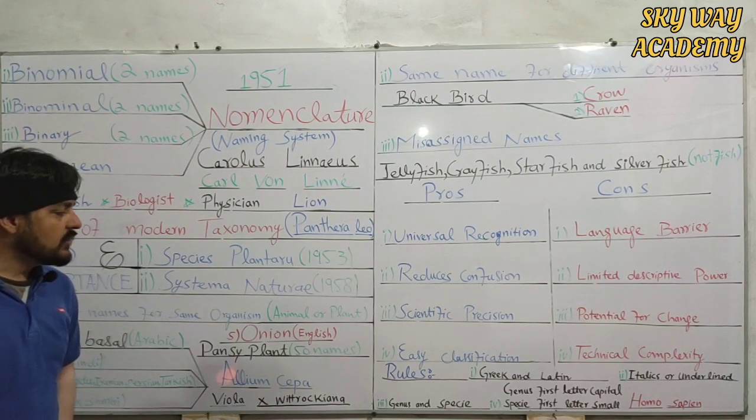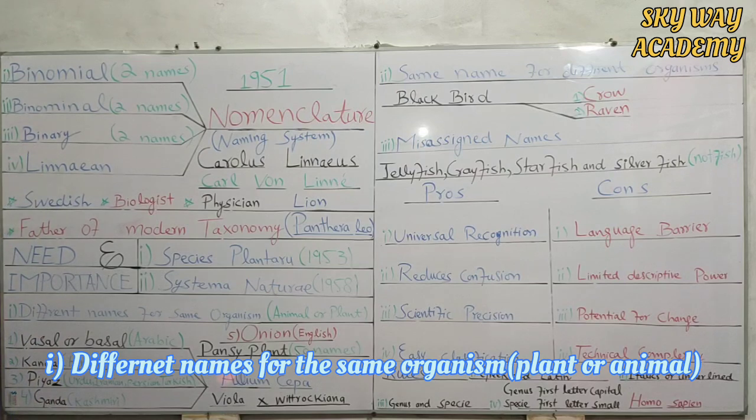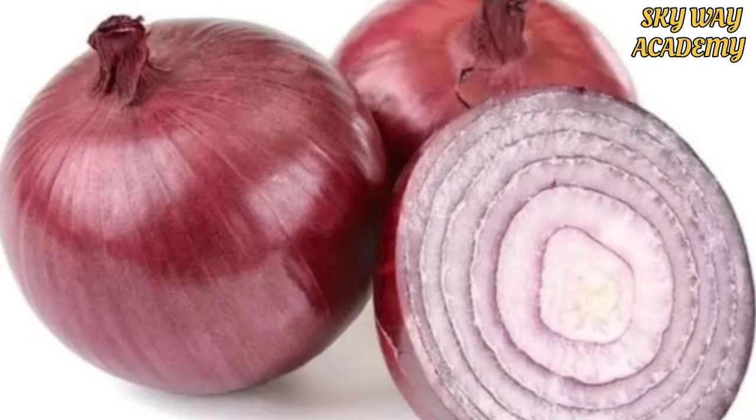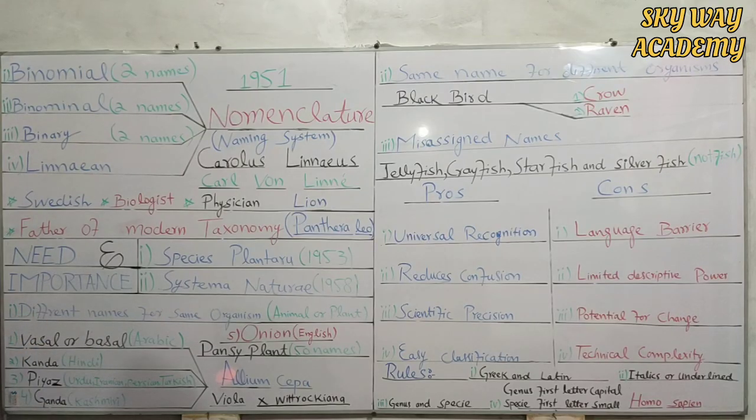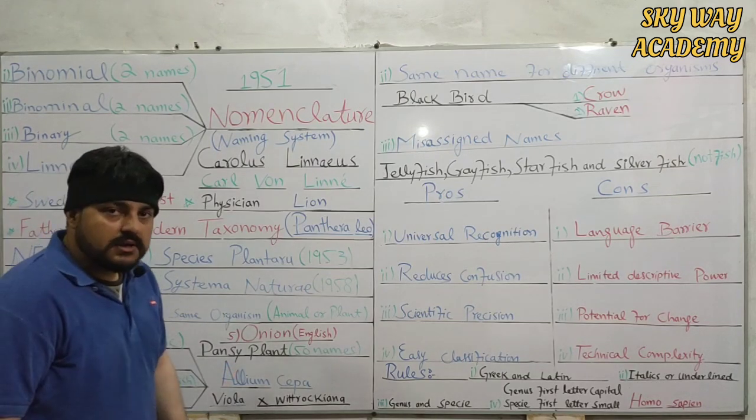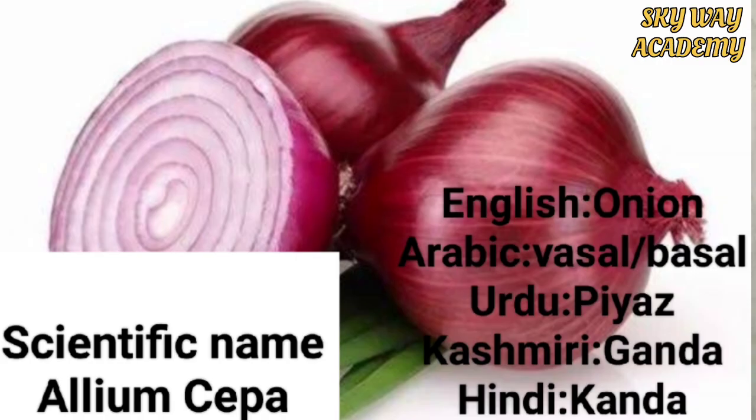Now let's discuss the need and importance of this system. First, different names for the same organism, animal or plant. As I have written the example of onion here, in different parts of the world it is called by different names. In Arabic it is called basal, while in Urdu, Iranian, Persian and Turkish, we call it pyaz.